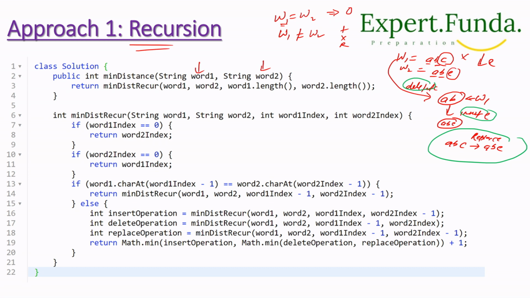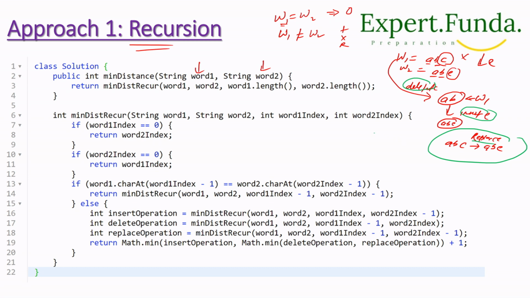So it's very clear: in the first option we deleted and then inserted, which is two operations, and in the third option we did just one operation, replace.